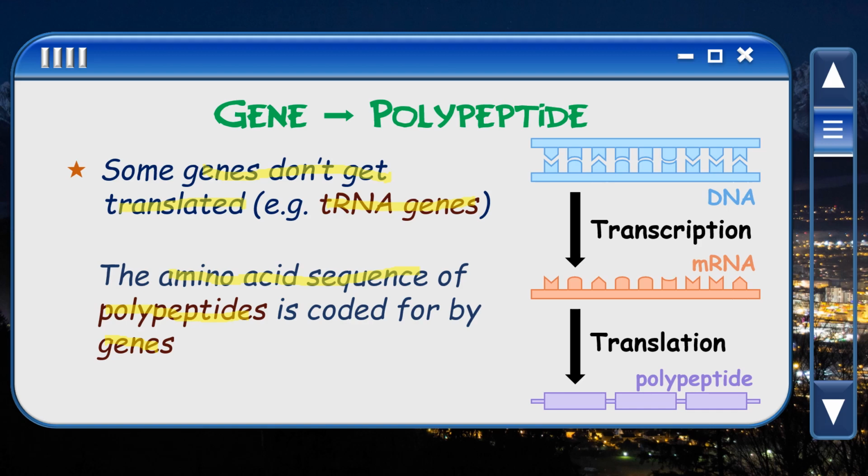A gene is the one that gives instruction how the amino acids will arrange themselves.